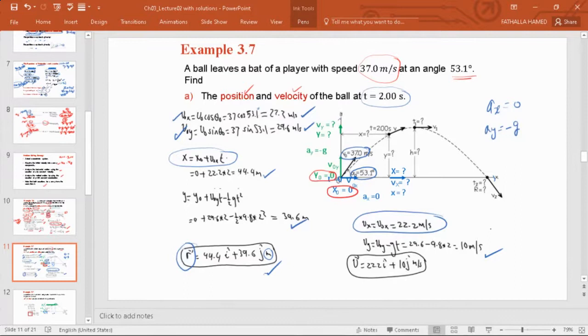So you're still going up. You did not reach the maximum yet and go down. And your velocity here will be 22.2 i hat plus 10 j hat meters per second. Is this clear? Any question on this? That's how you apply your knowledge of kinematics under the influence of gravity in 2 dimensions, which is horizontal and vertical.